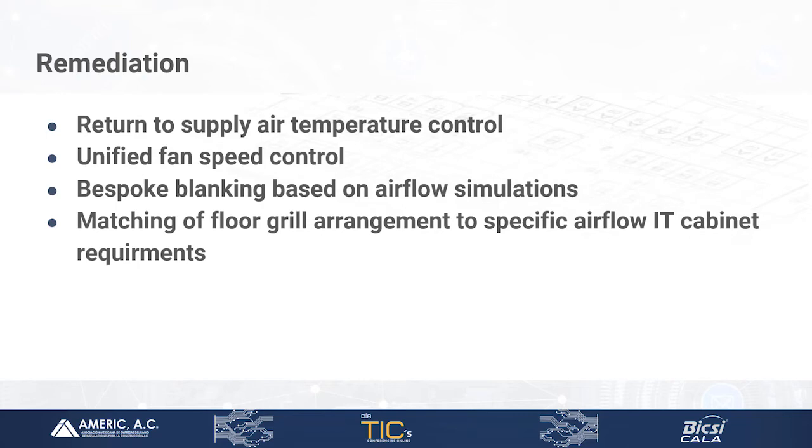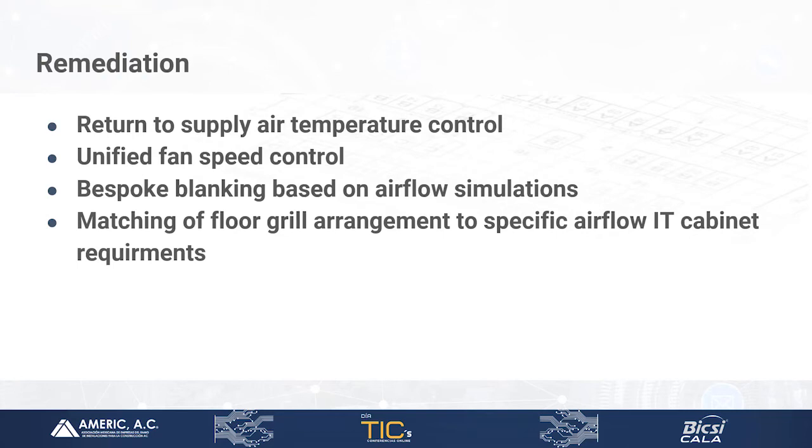They identified a number of areas in the data center where performance was not good, either because of hotspots or wasted resources. And these are some of the changes that they made to the data center in order to raise performance of the room. They switched from return to supply air control, and they did this using the digital twin first to make sure that nothing bad was going to happen in the data center.